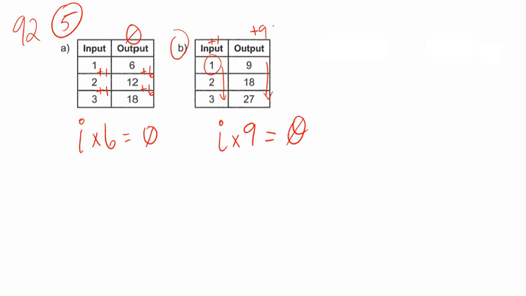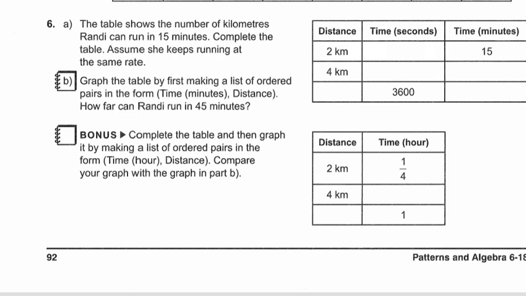Okay, let's move on. For question 6, it's saying the table shows the number of kilometers Randy can run in 15 minutes. Complete the table and assume she keeps running at the same rate. So it looks like we're going 2, 4, and I'm guessing this would then be 6 kilometers. Time is 15 minutes, so what would that be in seconds?